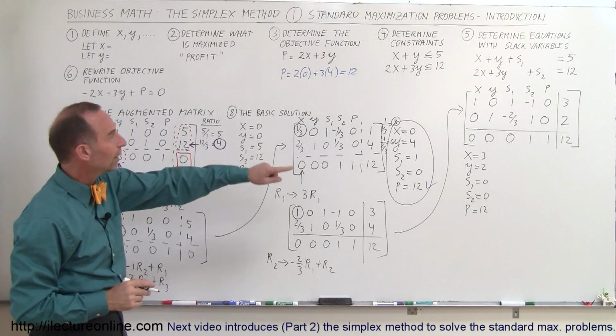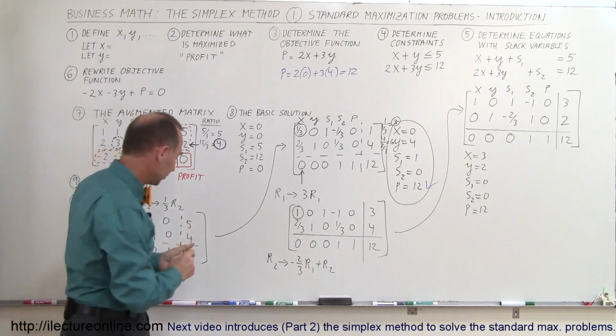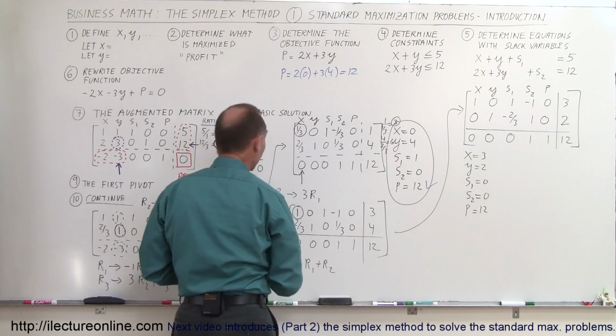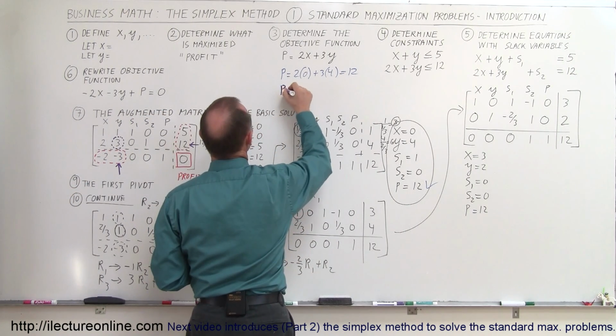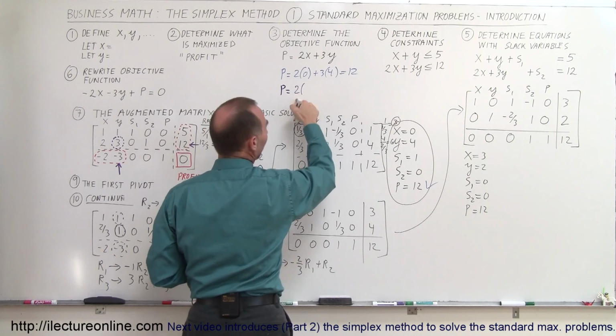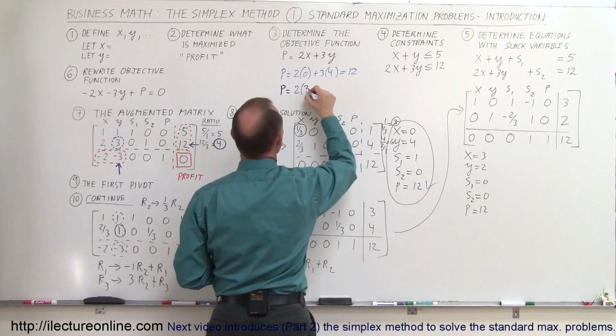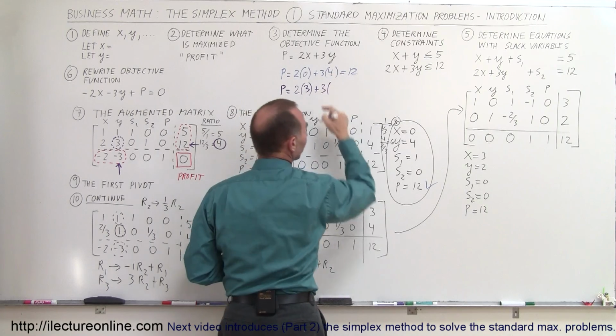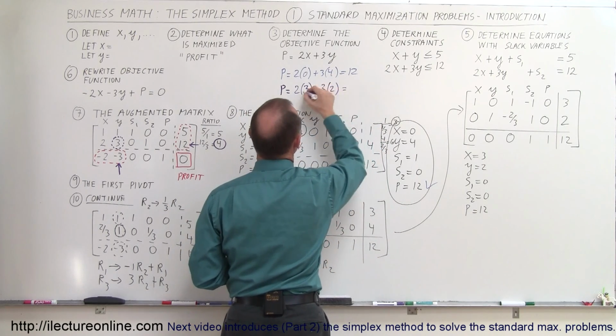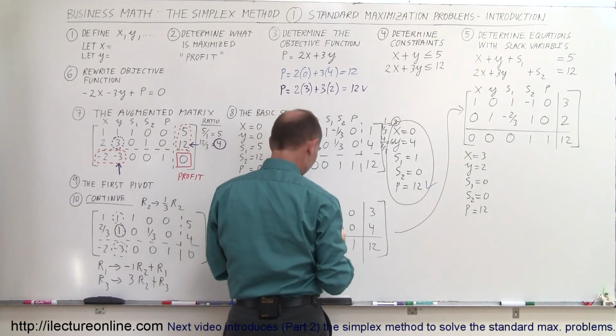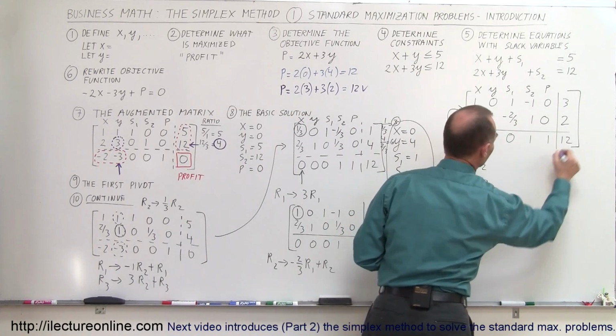So now let's plug those two values back into our objective function and see what we get. The profit is going to be equal to 2 times the value for x, which is 3, plus 3 times the value for y, which is 2. Notice 6 plus 6 is 12. Again, we get the same value. Profit is 12.